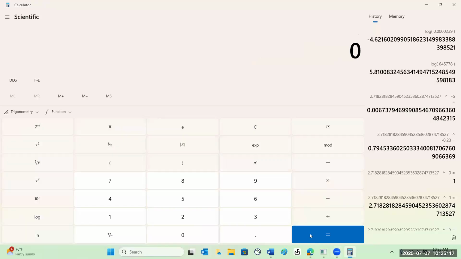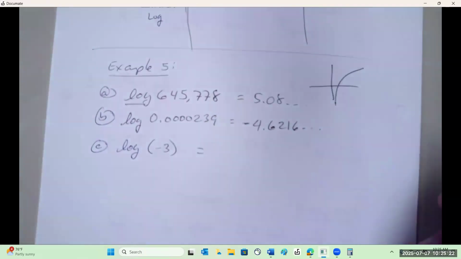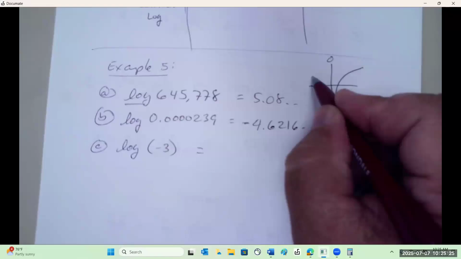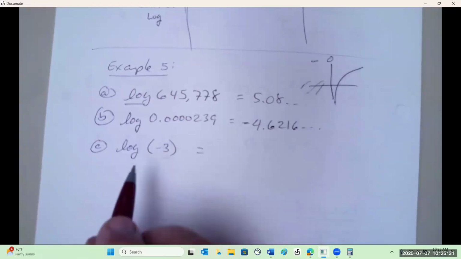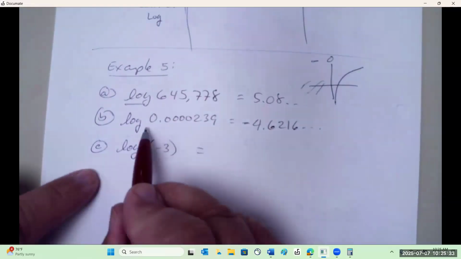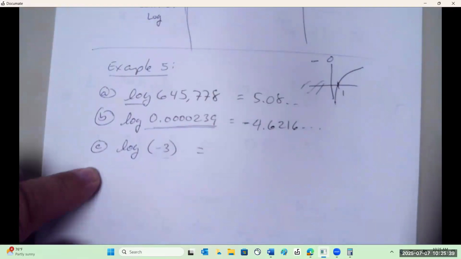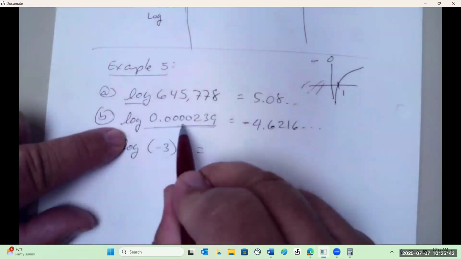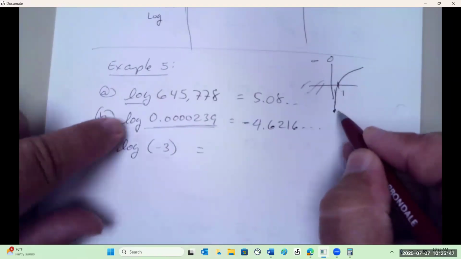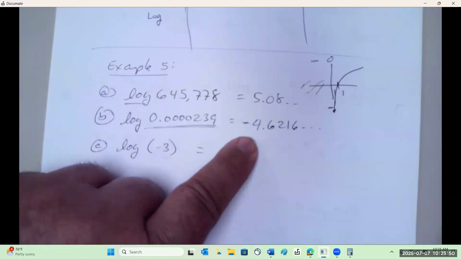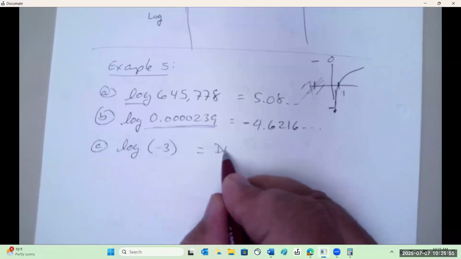Why not? These are logs. What are their graphs? Like this. You cannot put 0 and you cannot put negative numbers in there. So this is my x. I can't put a negative value in there. This number here, 0.0029, is less than 1 and greater than 0, so it's all the way down here, at -4.6. This one is -3. I can't do that. Does not exist.